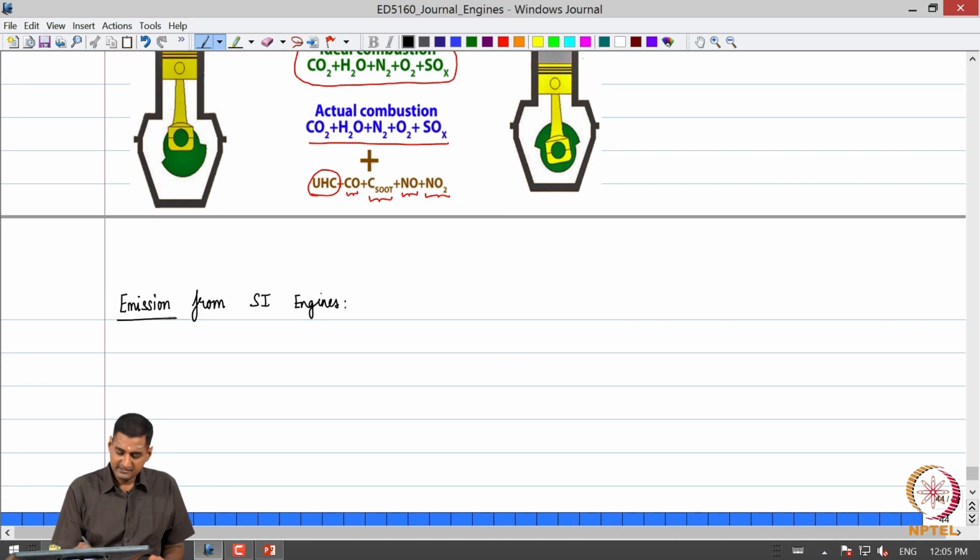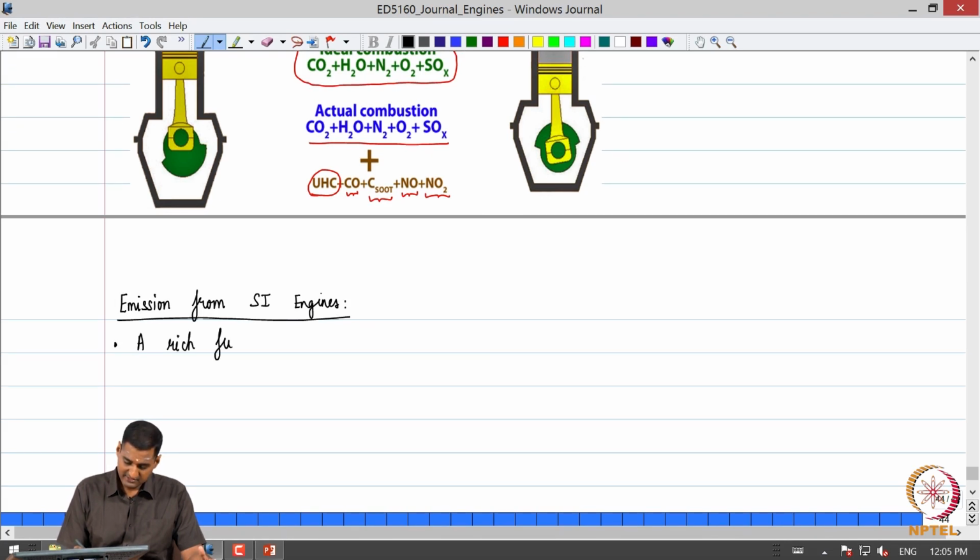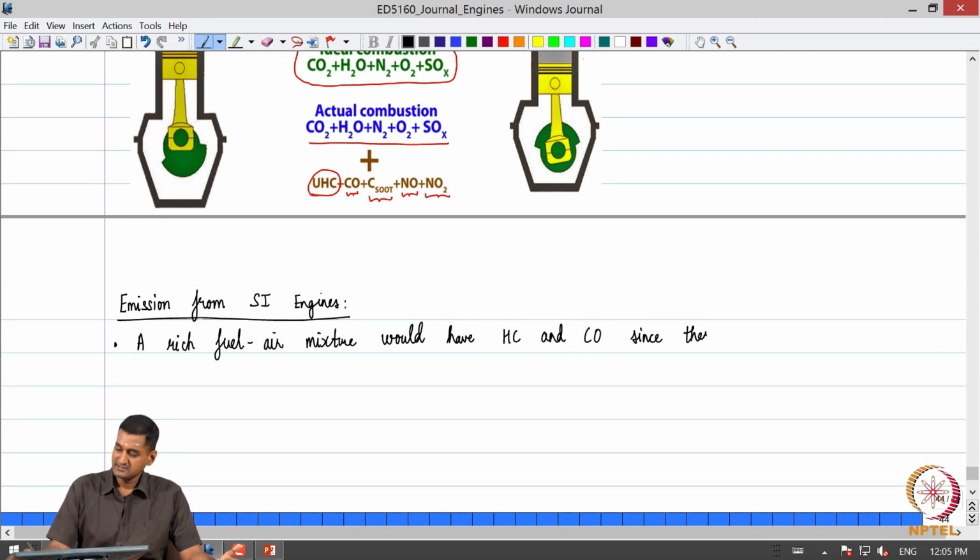Typically, in spark ignition engines, both 2-stroke and 4-stroke, a rich fuel air mixture would have HC and CO, since there is insufficient oxygen for complete oxidation.